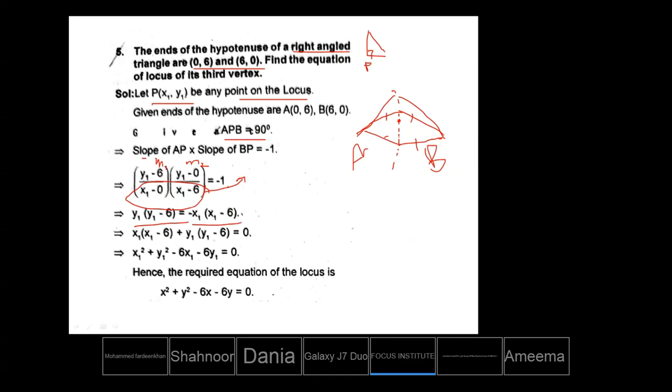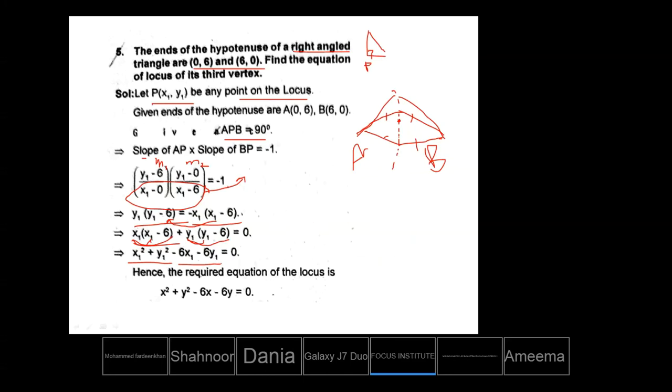Now open the brackets. First we send this to this side, then we open the bracket. So it will be x1 into (x1 minus 6) plus y1 into (y1 minus 6), and if you multiply and open the brackets, you will get x1 square plus y1 square minus 6x1 minus 6y1 is equal to 0.